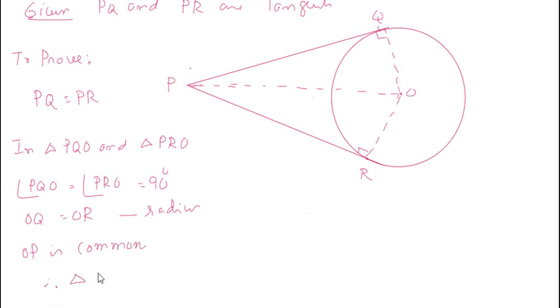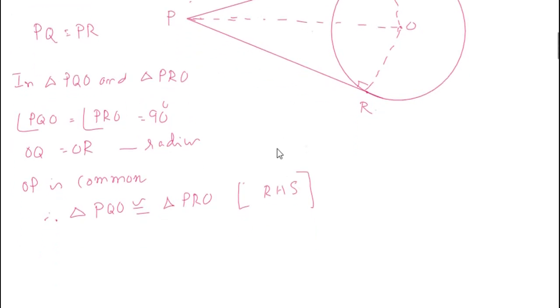Therefore, triangle PQO is congruent with triangle PRO by RHS. It is a right angle, then hypotenuse OP, and one set of sides are equal. Therefore, PQ equal to PR. This is from CPCT, common parts of congruent triangles.